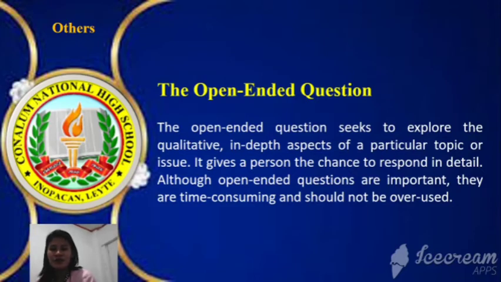This is one of the research tools where you can be sure that the respondents can really respond to you, since they are allowed to talk and give information.